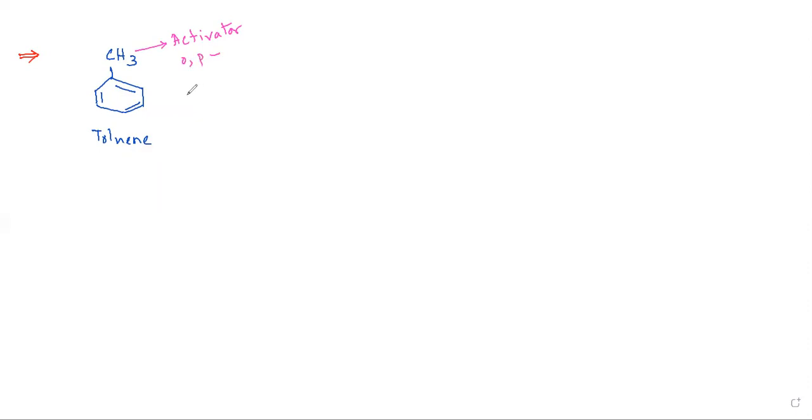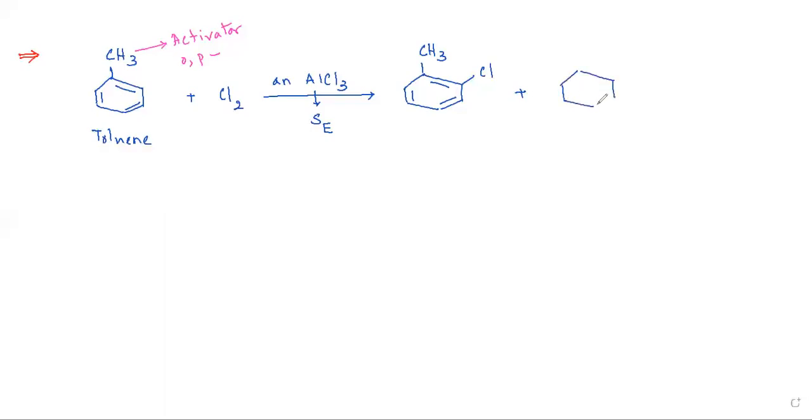When this is treated with chlorine in the presence of anhydrous aluminum chloride, again electrophilic substitution occurs to form ortho and para products.